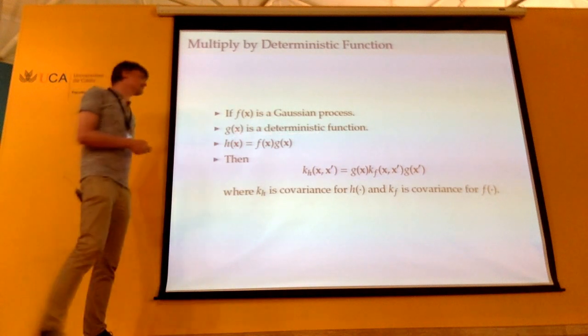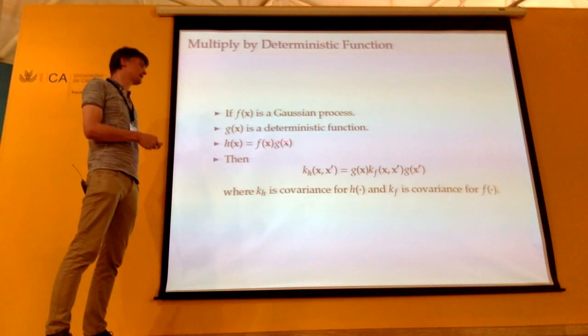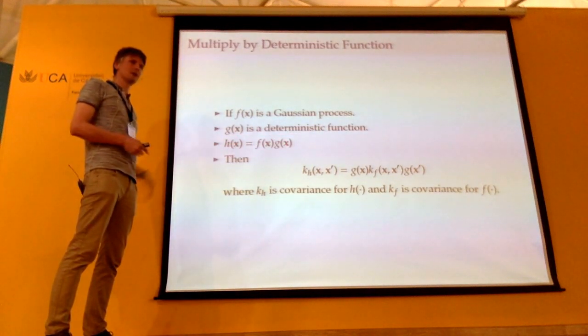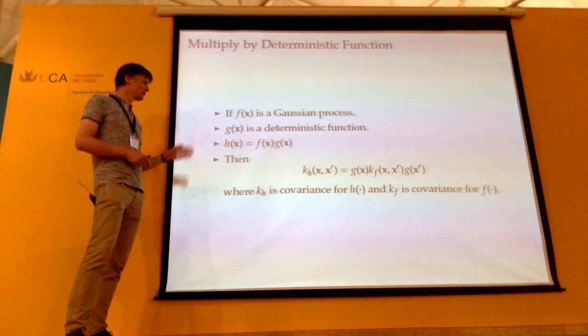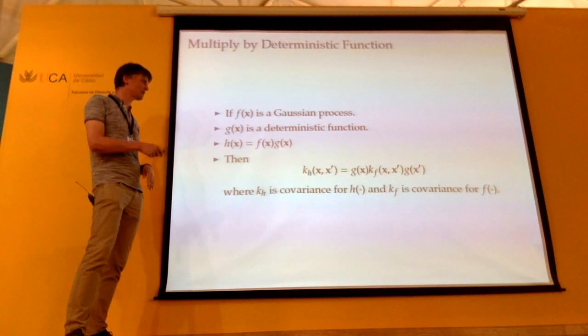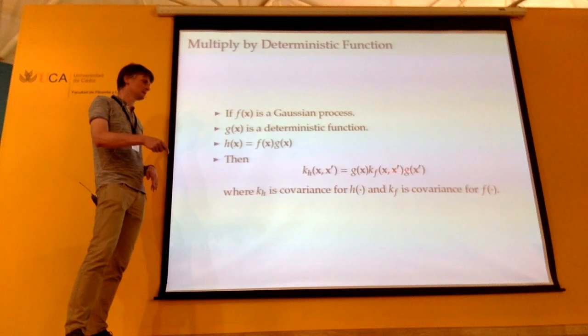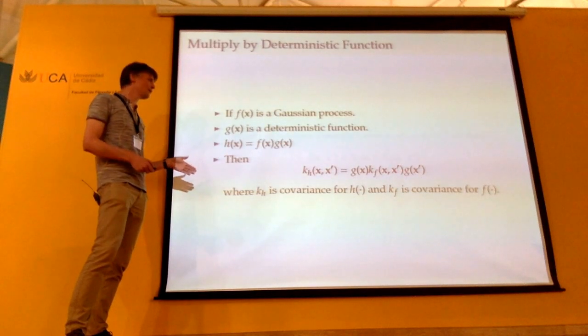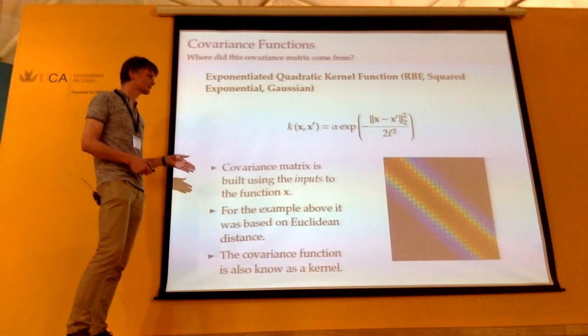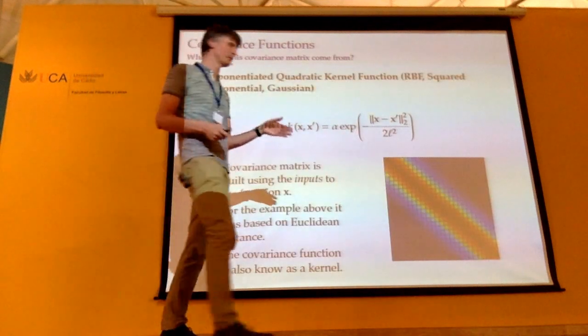If g of x is a deterministic function and f of x is a Gaussian process, so for some reason you've got a Gaussian process but you know it's multiplied by some deterministic function, then you can easily show that the covariance function of the process h, which is the product of the two, is just given by g of x, k_f of x and x prime, g of x prime. That's really useful. Someone asked me about change points the other day.